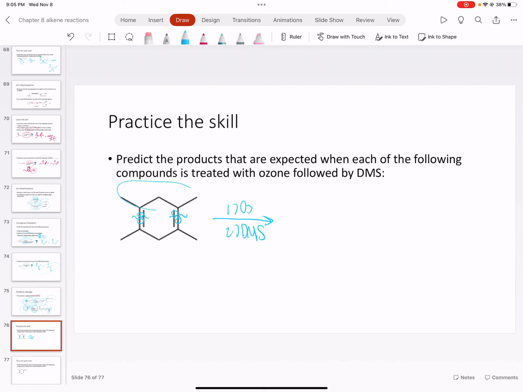Remember, these ones are connected together. We're just gonna be breaking the double bonds. So that one will be my final answer for this one.